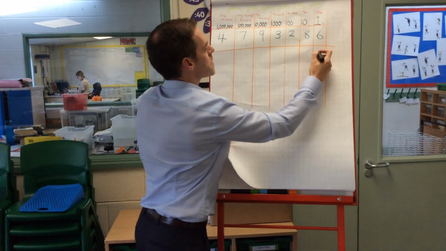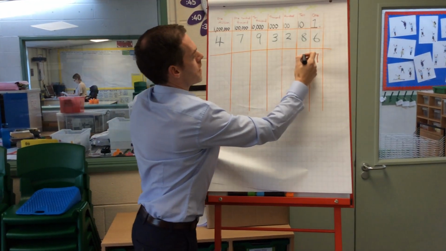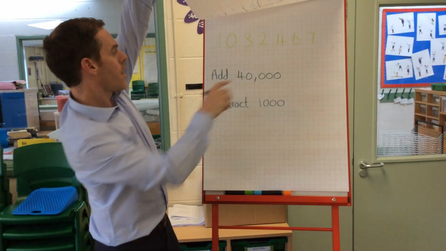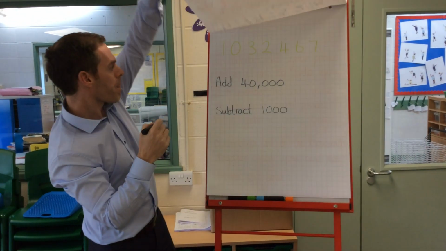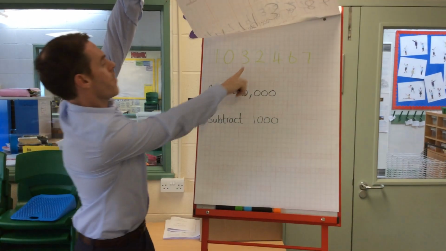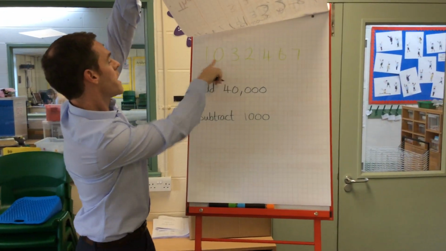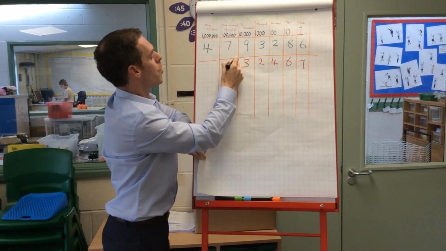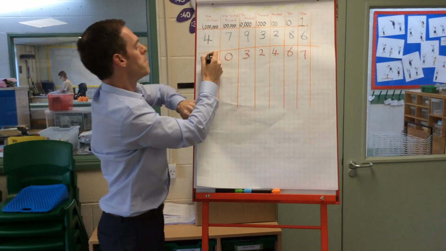So we're going to go 7 ones, 6 tens, 4 hundreds, 2 thousands, 3 10,000s, 0 this time, 0 100,000s, and 1 which has to go in the millions column.